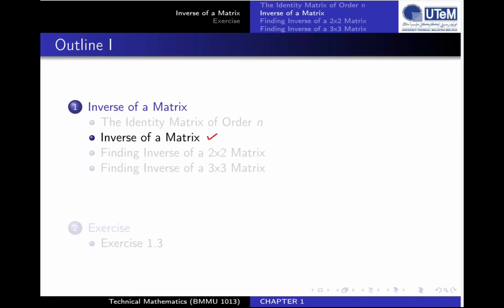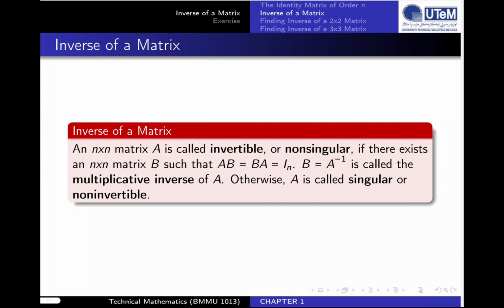Inverse of a matrix. An n by n matrix A is called invertible or non-singular if there exists an n by n matrix, for example matrix B, such that A times B equals B times A equals the identity matrix, so that this matrix B equals A inverse.